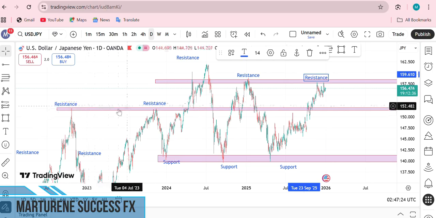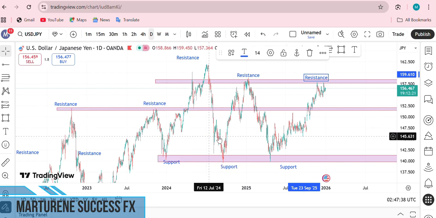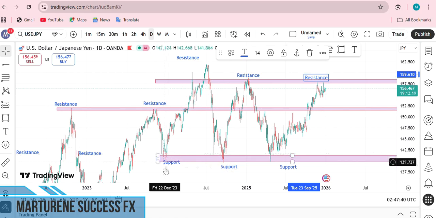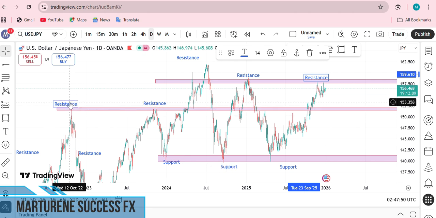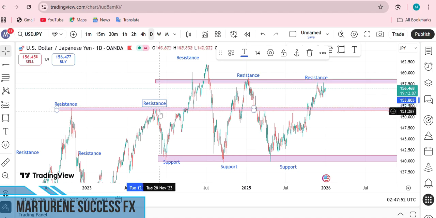When the price passes through a resistance, okay, this is a resistance, if the price passes through it, that resistance line can potentially become a support, okay. And when a price passes through a support line, breaks a support line, that support line could potentially become a resistance, okay.